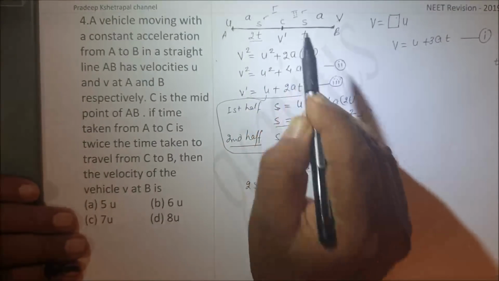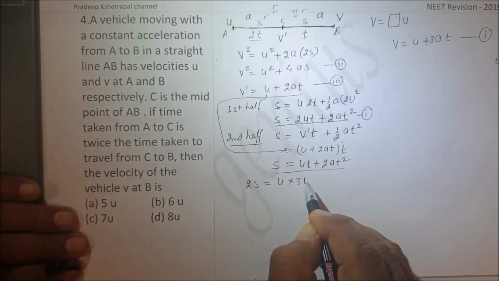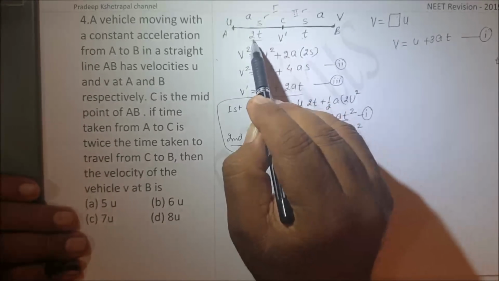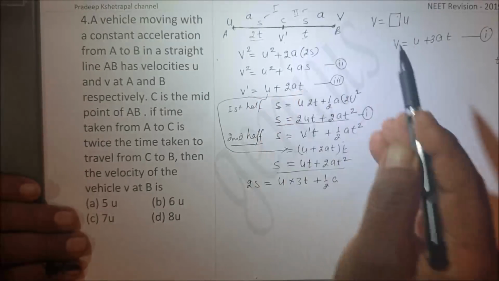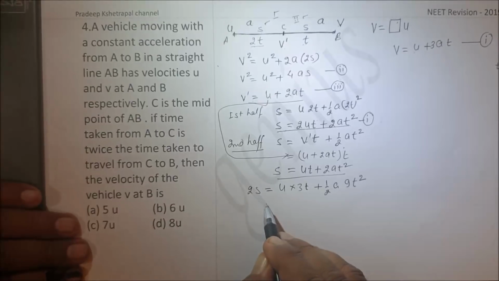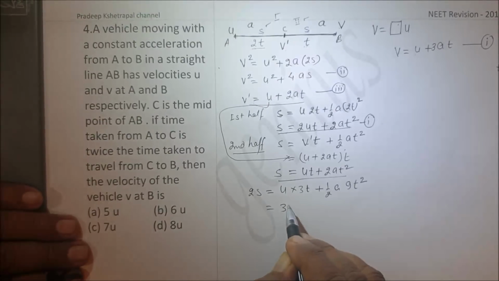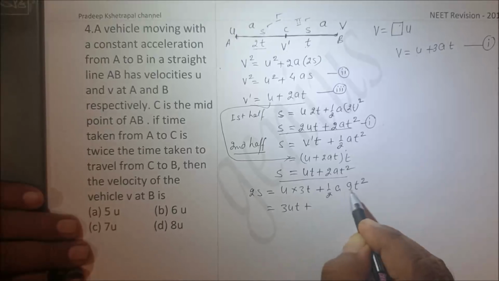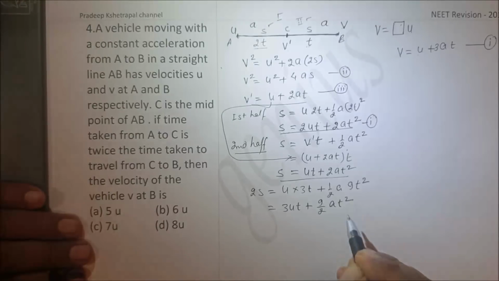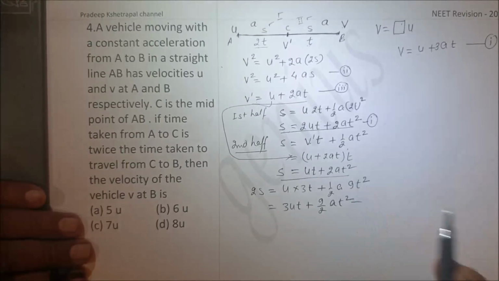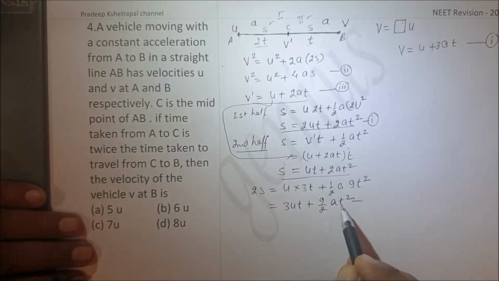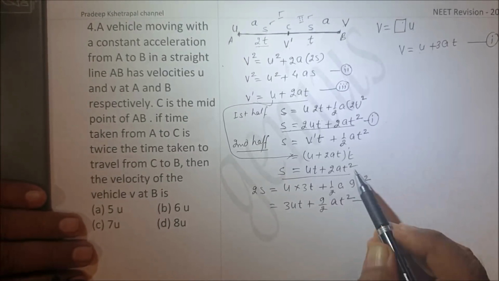How much is the total t? 3t, plus half a t squared. The total time is 3t and the square of that is 9t squared. So we have 3ut plus 9 upon 2 at squared. Now we have so many formulas here. This is 2s equal to 3ut plus 9 by 2 half at squared.